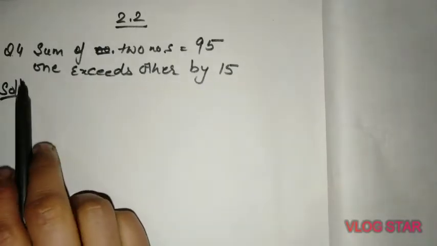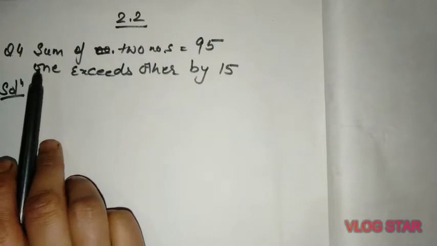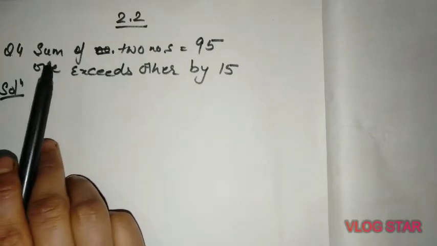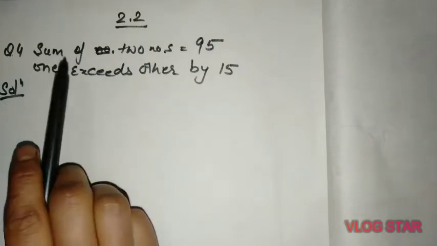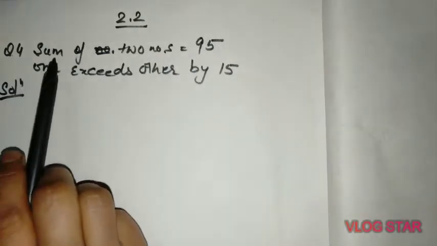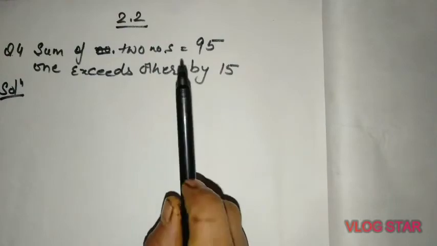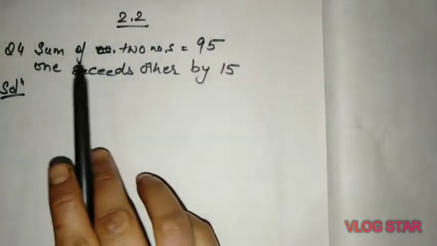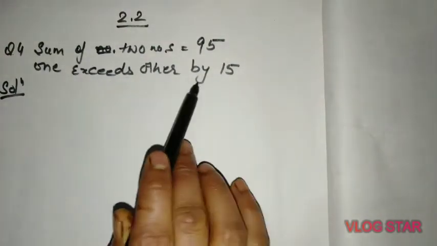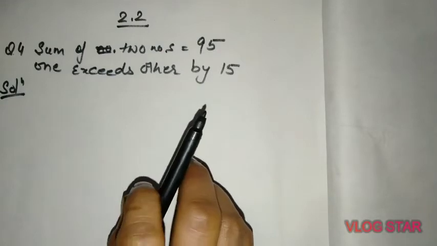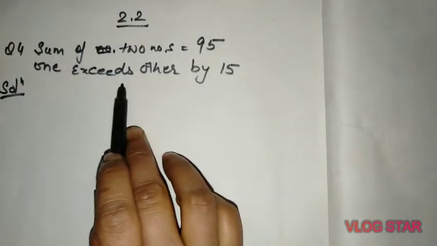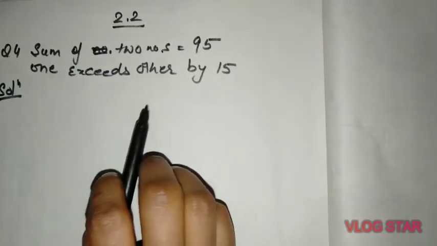Next question is to find out the numbers. Given is that the sum of two numbers is 95. There are two numbers and when added they give a sum of 95. One exceeds the other by 15 and we have to find the numbers. Exceeds means greater than, more than.